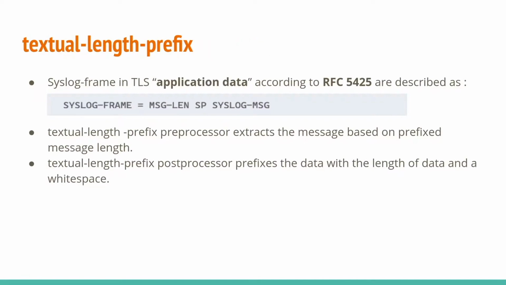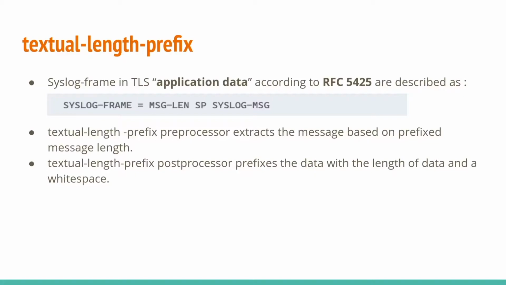A typical syslog frame in TLS application data is represented by the message length in ASCII digits, followed by a white space and then the syslog message itself. Also, it is possible for multiple syslog messages to be contained in one TLS record, or for a single syslog message to be transferred in multiple TLS records.